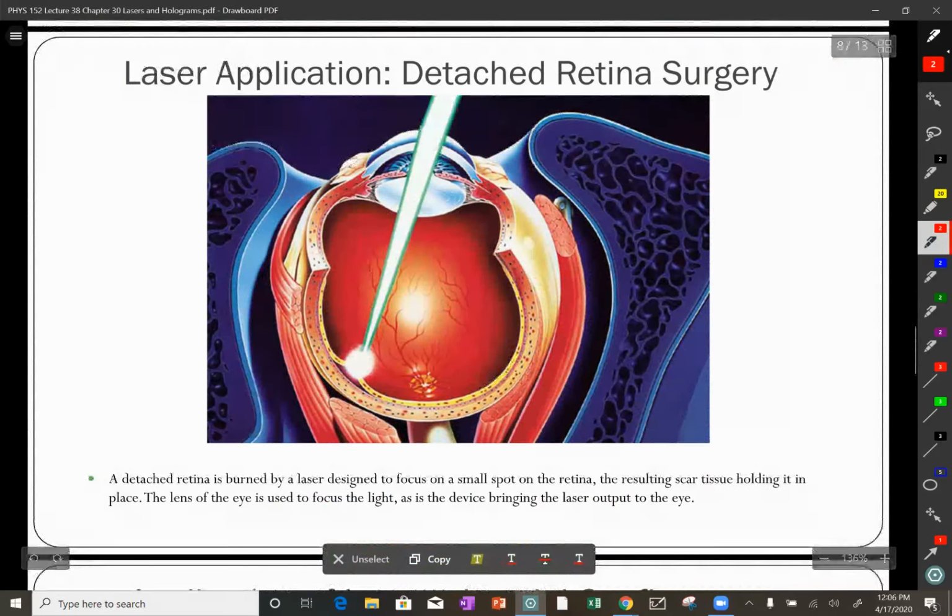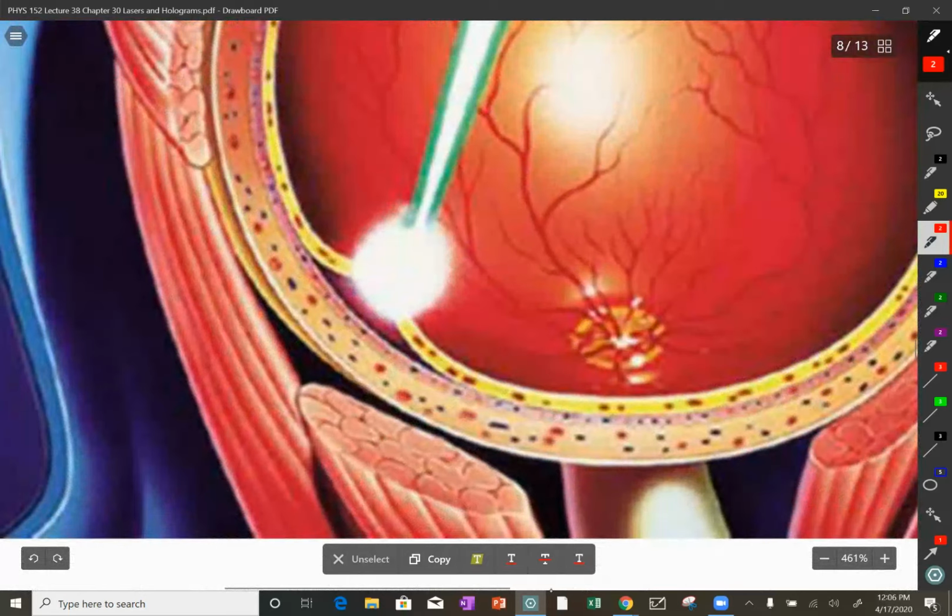Now, some applications. Application number 1, if you have a detached retina, if you look in the picture here, we have a little blister, if you will, where the retina has broken free. And so what they do is they use a laser to spot weld. And yes, weld is the right term.